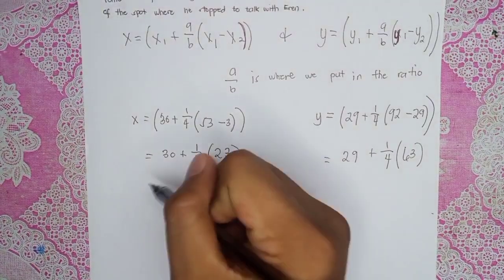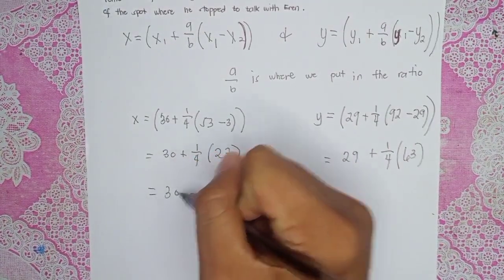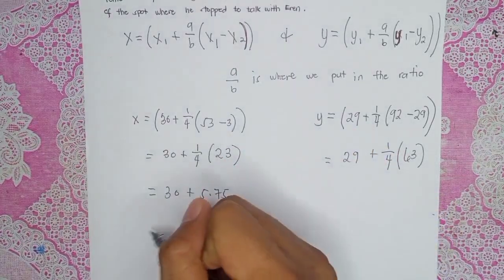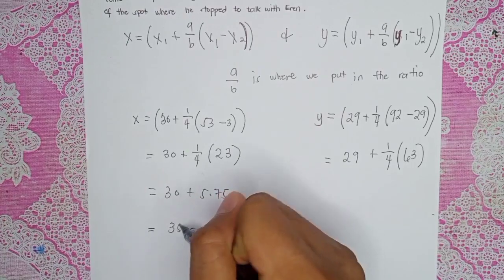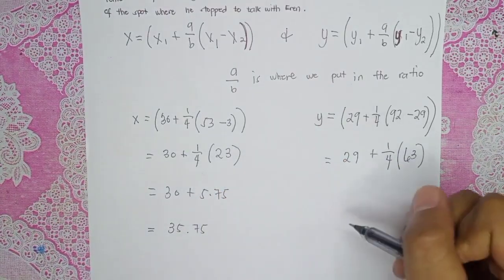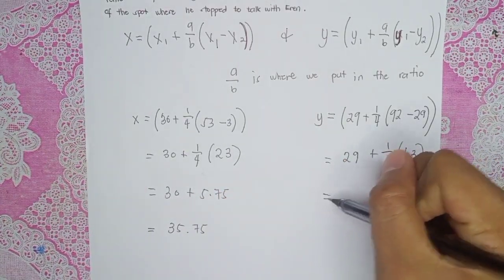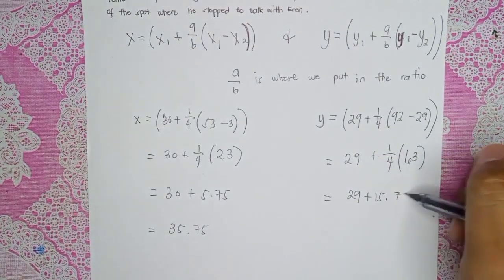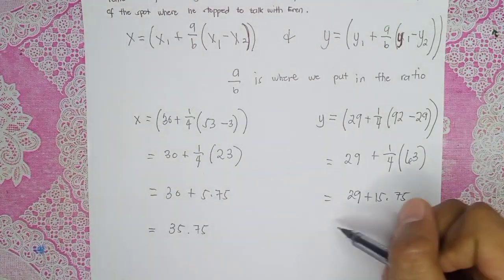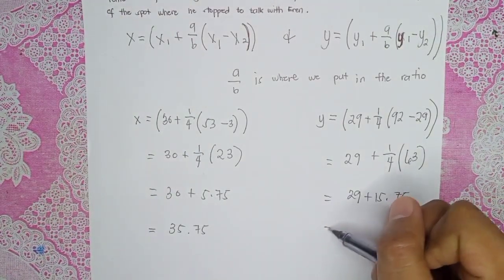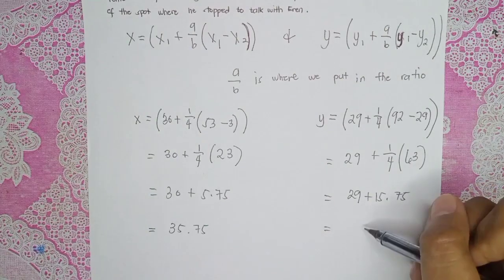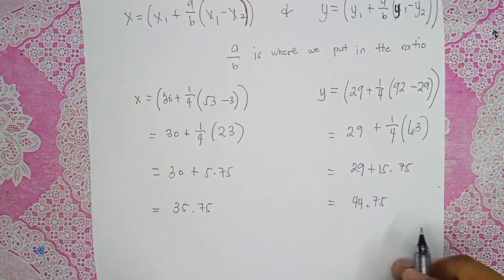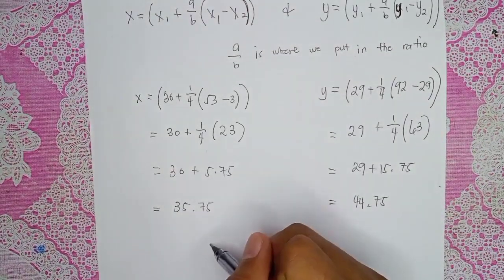Afterwards, our x will be 30 plus 5.75, and x is equal to 35.75. Then our y will be equal to 29 plus 15.75, so our answer for y is equal to 44.75.